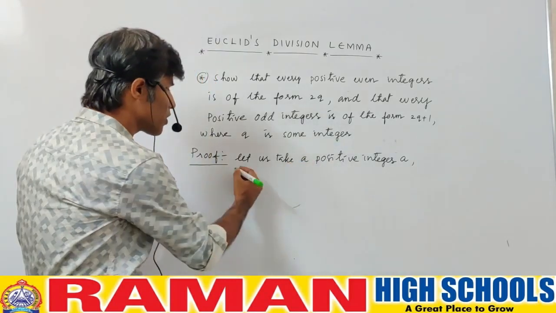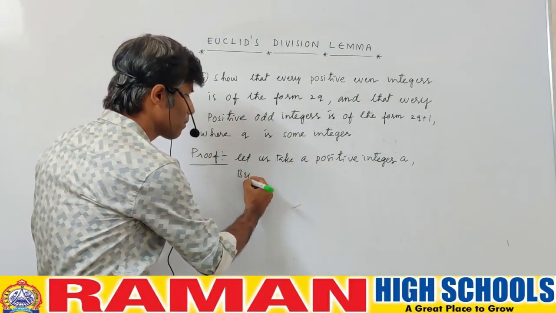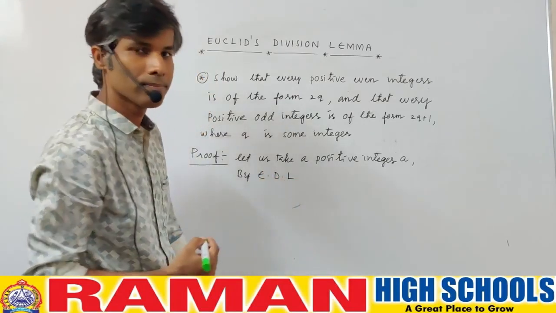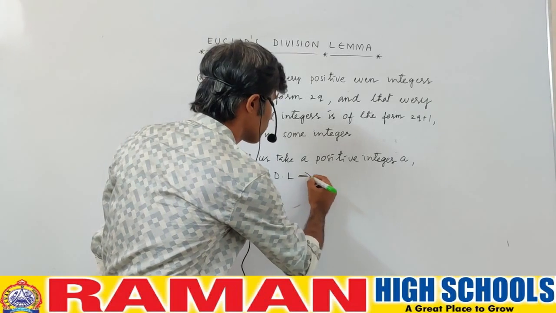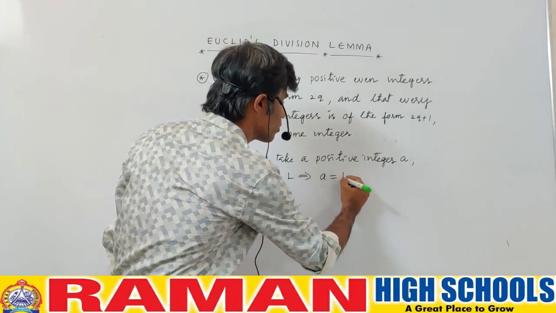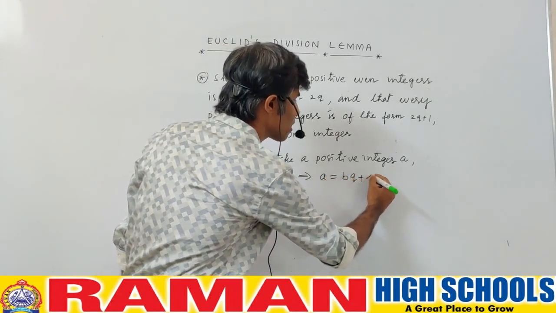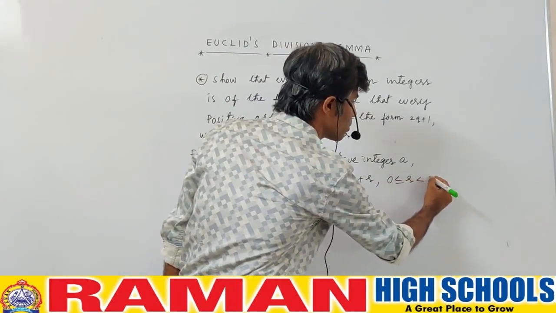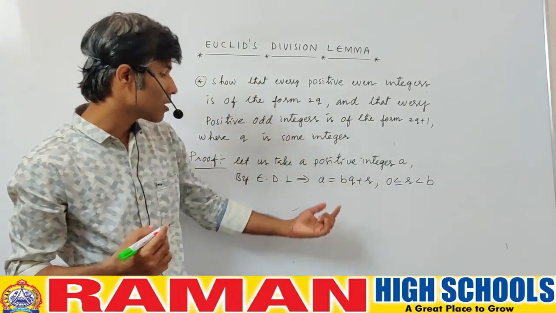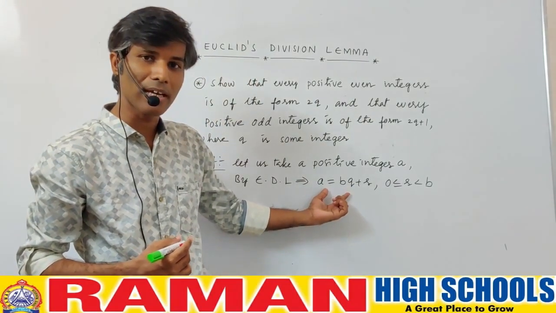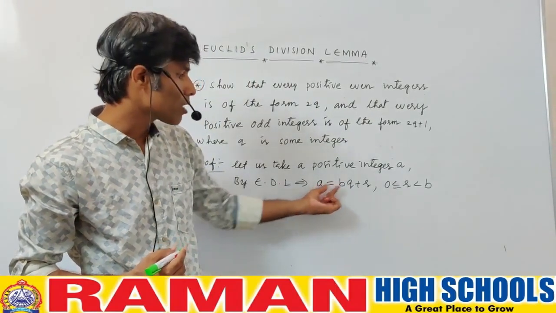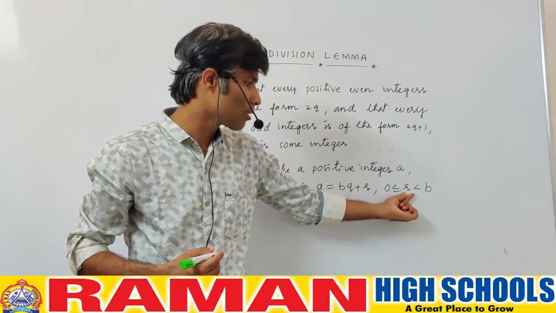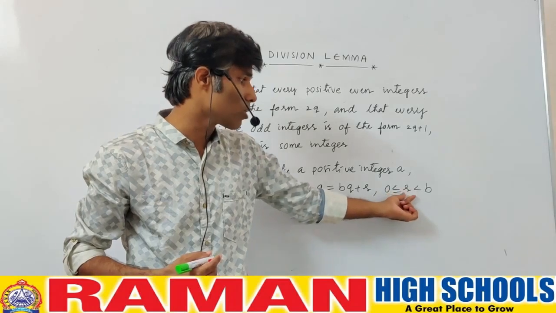By Euclid's division lemma, we can write a equals bq plus r, where 0 less than or equals r less than b. Here this is Euclid's division lemma, already we have explained. Here a equals bq plus r, where we have a condition on r, that is 0 less than or equals r less than b.